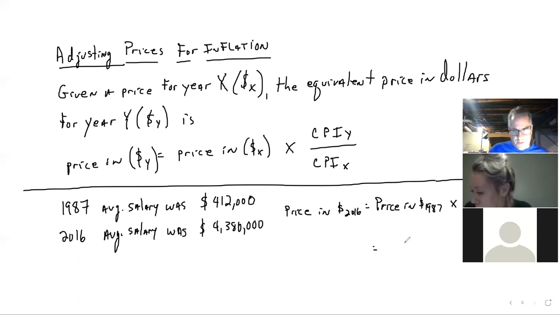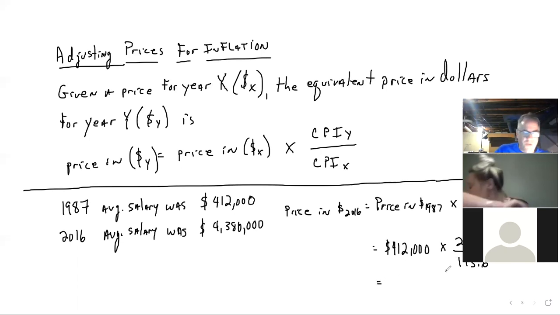Putting in the numbers: $412,000 times the CPI of 2016, which was 240, divided by the CPI of 1987, which was 113.6. Multiplying these together, rounding, you get about $871,000.